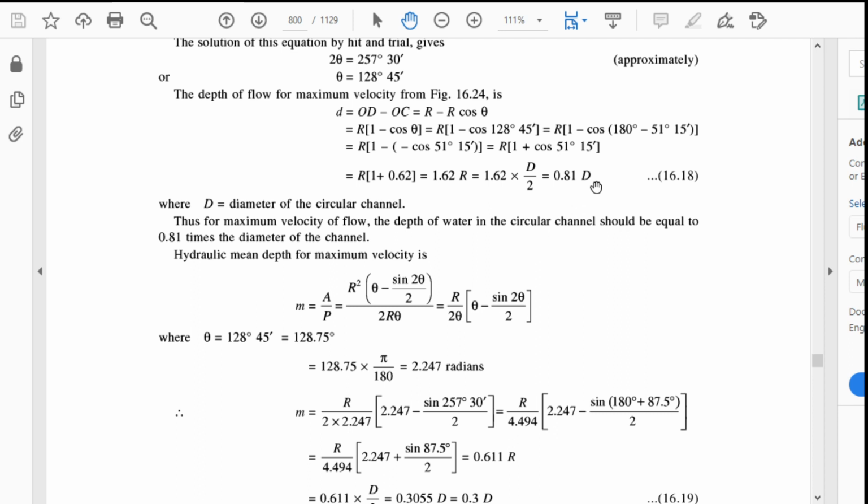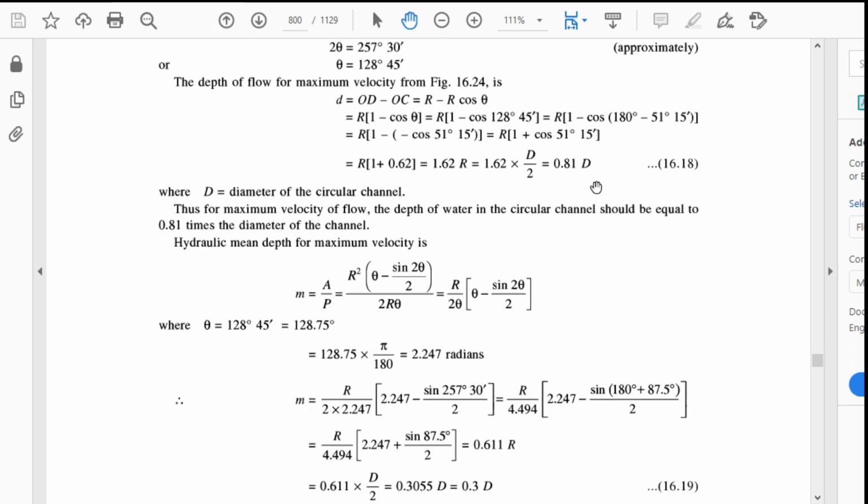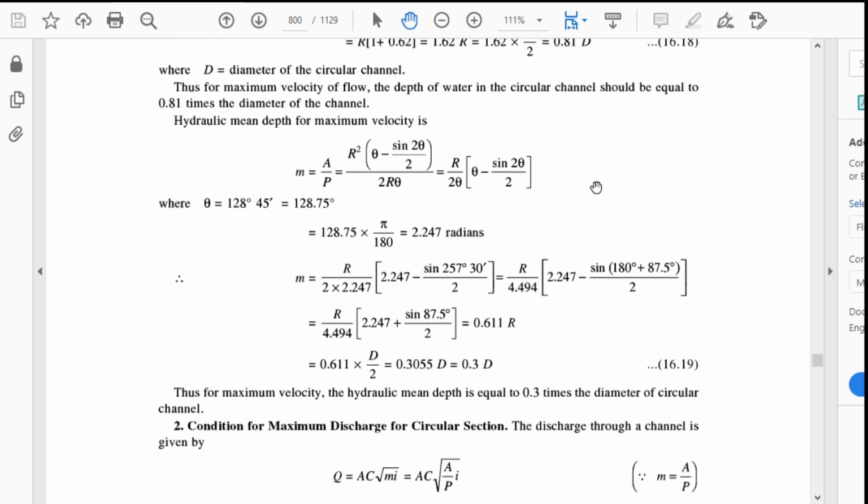Now from this we can find out the hydraulic mean depth for maximum velocity. Okay, m equals A by P, that is wetted area divided by wetted perimeter.